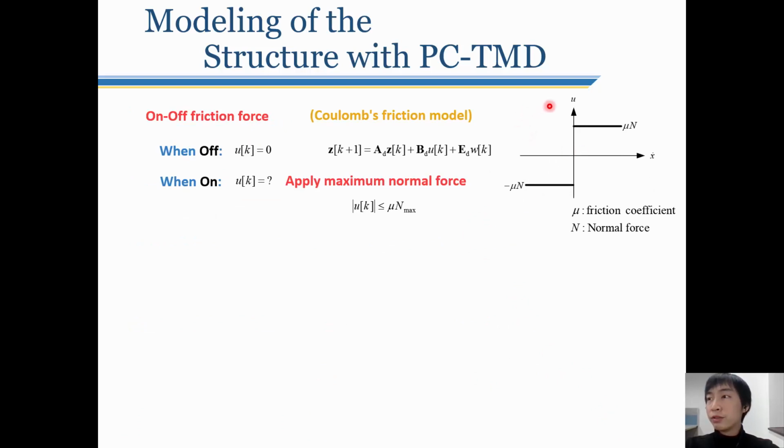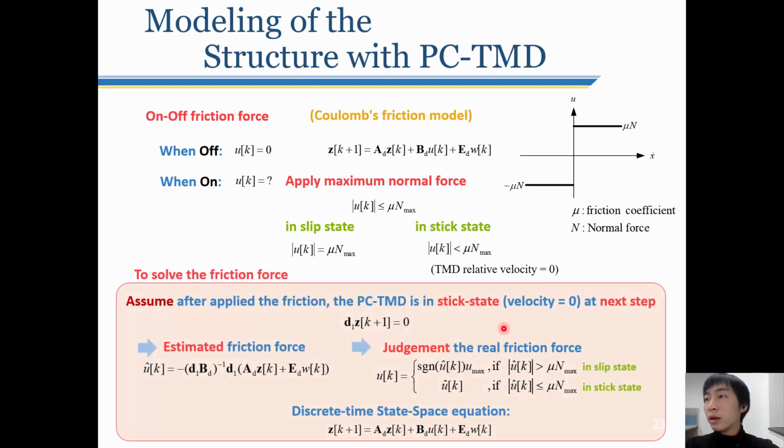So how to calculate the friction force? If the judgment is off, the friction force is 0, then the next step can be calculated directly. If the judgment is on, the actual friction force will be less than or equal to the friction coefficient times the normal force. So the actual friction force can be calculated by assuming the tuned mass damper velocity at the next step is 0.